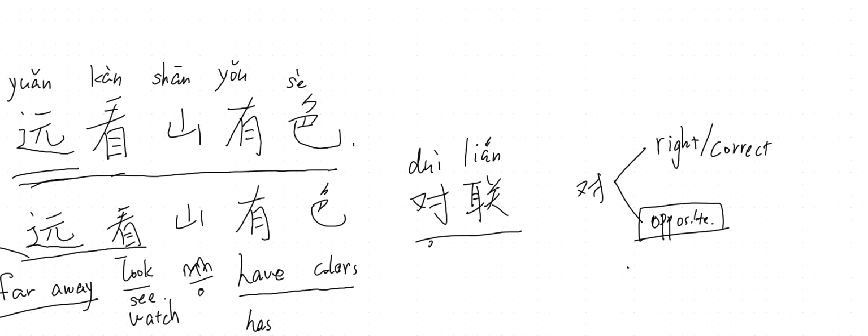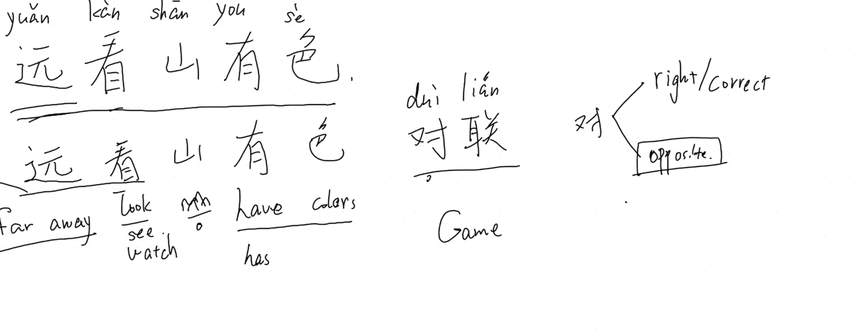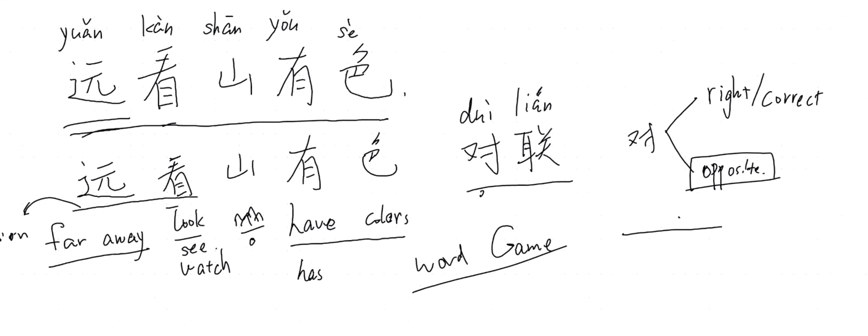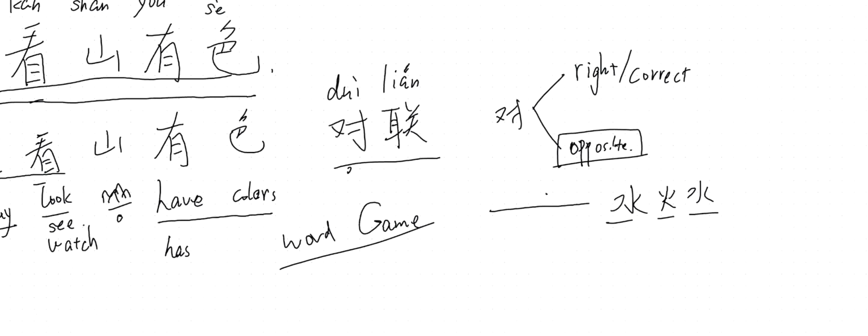So it's a type of word game that people play in China. They write a sentence like this, 远看山有色. Or let's see, a simpler one like 水火水, water fire water.